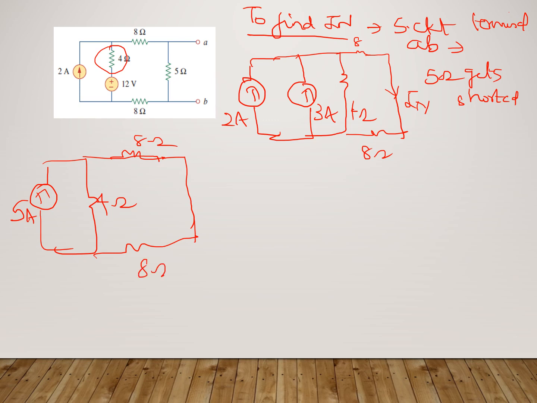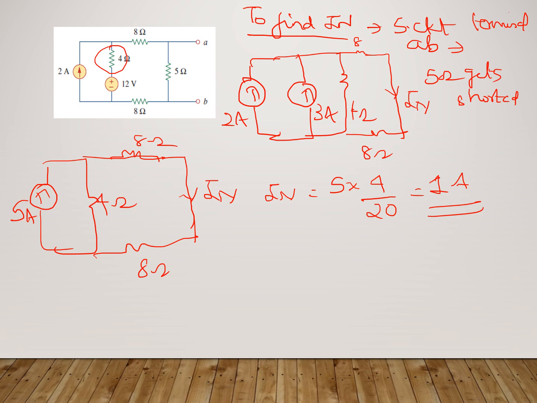And this is our Norton's current. The 5 ampere current is going to split into this and this. So the total current IN can be calculated using current division again. IN is equal to 5 into the opposite resistance, which is 4, divided by the total resistance, which is 20. So this gives you 1 ampere. I Norton has been calculated as 1 ampere.